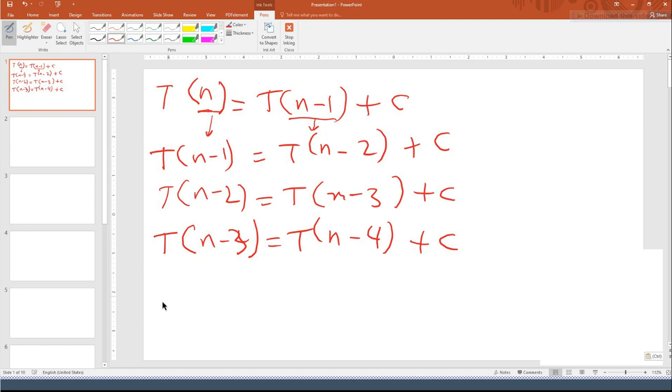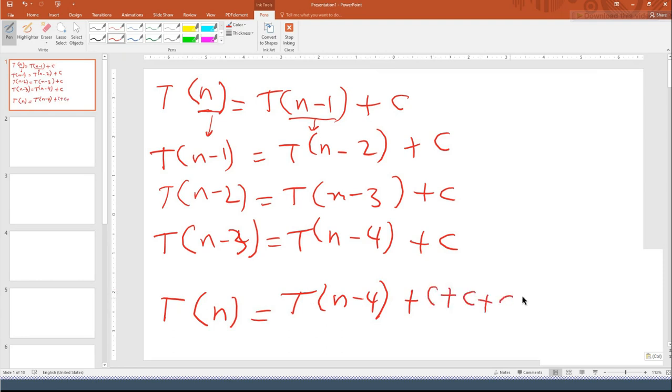So in general, after 4 rounds, we will say that Tn equal Tn minus 4 plus C plus C plus C plus C. So it is Tn here, Tn here. This is the original Tn.